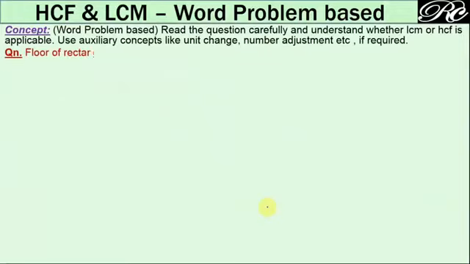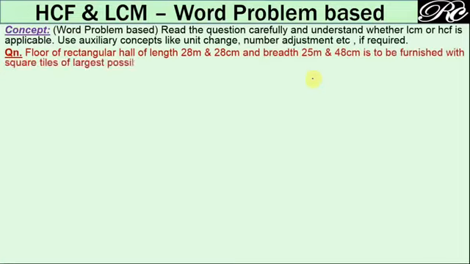So the concept behind such questions is: read the question very carefully and understand whether LCM or HCF is applicable. Use auxiliary concepts like unit change, number adjustment, etc. See, one question is given here.